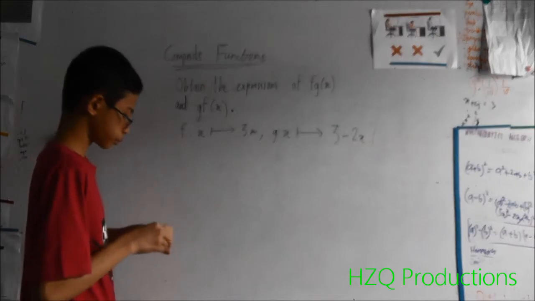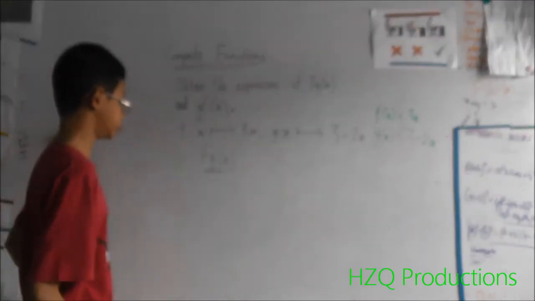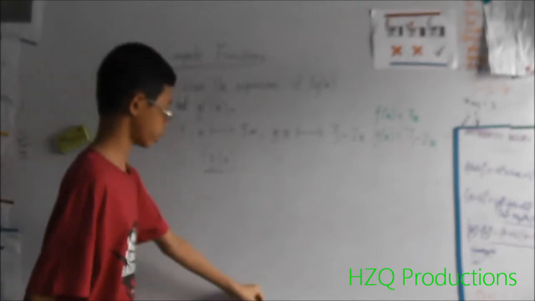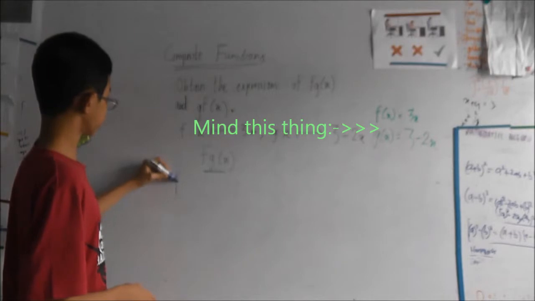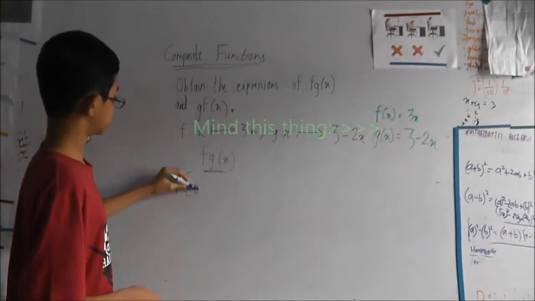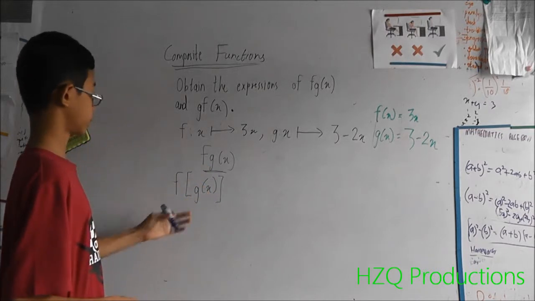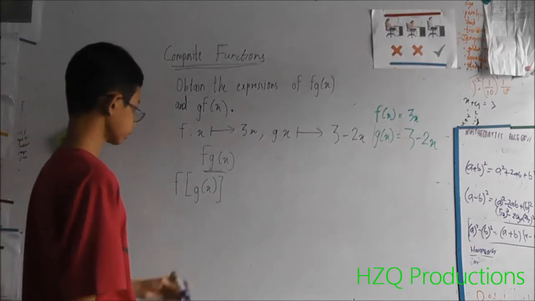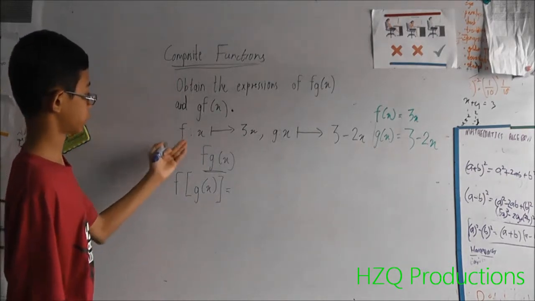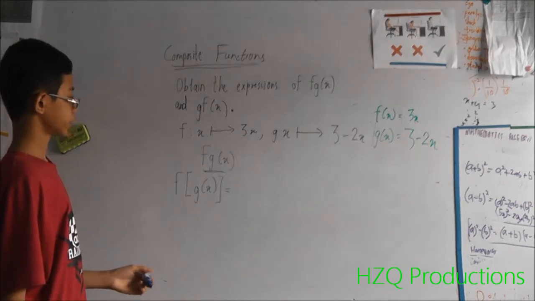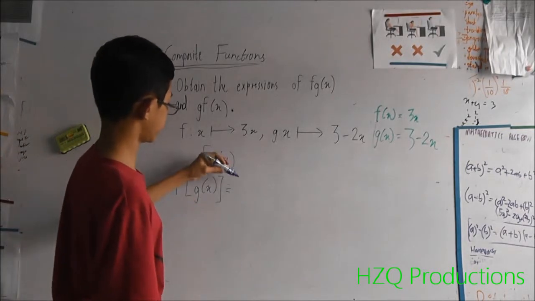Now, first off, fg(x). Now we're going to find fg(x). How do we do that? So, I'm going to take the function of g(x), coming like this. Okay. Now, what is f(x)? f(x) is 3x.